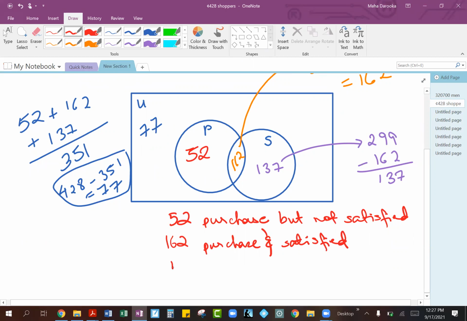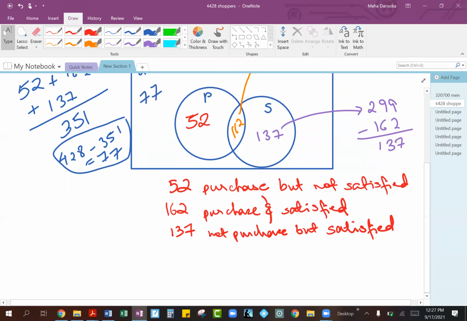Can you tell me what 137 represents then? Satisfied and made purchase. So just be satisfied without a purchase. Very nice, because you can see the 137 is just in the circle S. It's not part of circle P, which means they did not make a purchase, but they are satisfied with the service. So that's what the 137 represents.